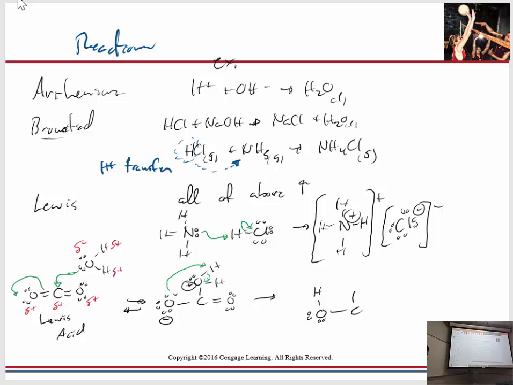And this will lose that hydrogen, but will gain that lone pair, that bonding pair that was there. And then we have this. So this can also go backwards too. It's reversible. This ends up forming carbonic acid.